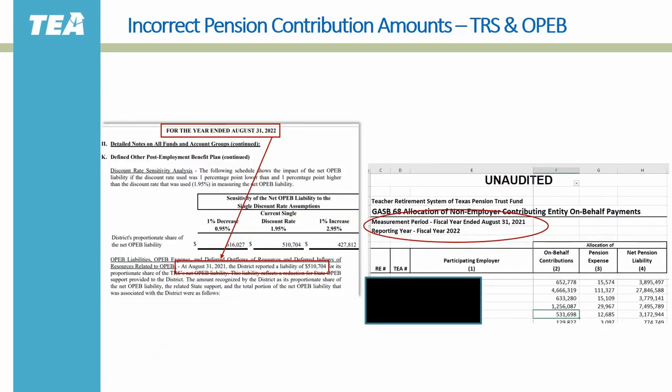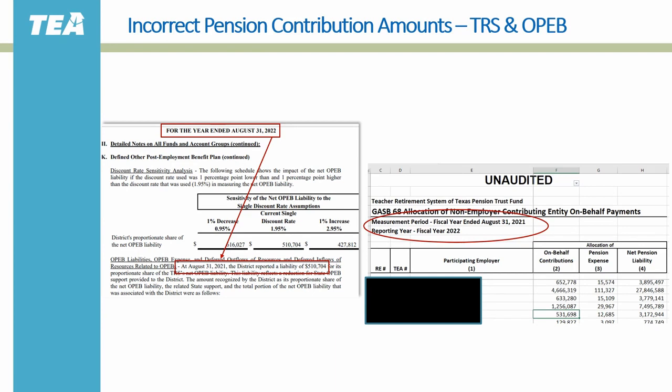The TRS has a fiscal year end of August 31st, with a measurement year that usually starts at the prior reporting fiscal year. This is due to the actuarial report measurement period. Therefore, the amounts used for the fiscal year 2022 reporting were from the measurement year ended August 31st, 2021.